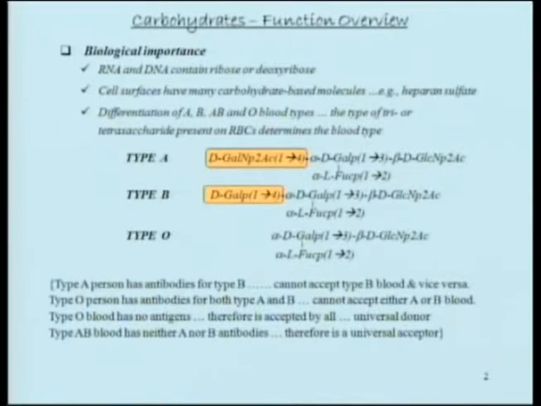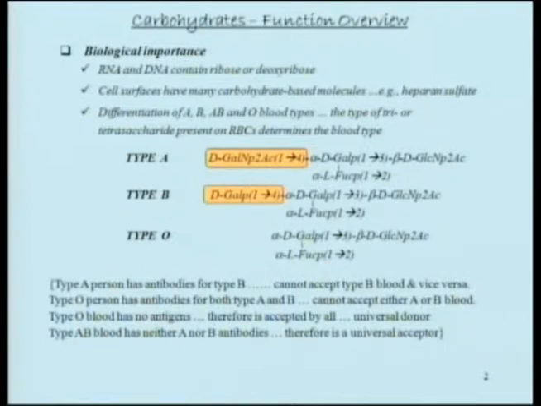At position 2, you have an acetyl group. That's what this means. This N is always at position 2. So we say this is N-acetyl. And then alpha 1,4, okay? 1 to 4.